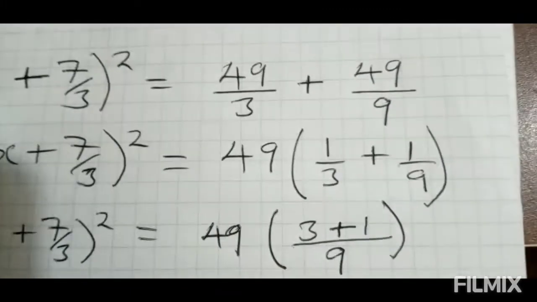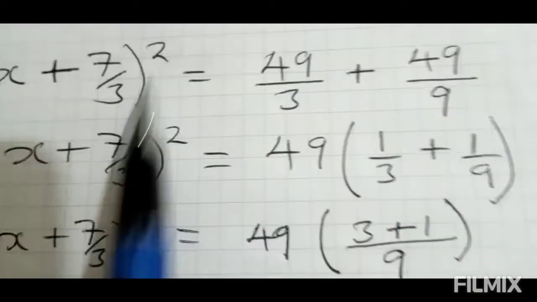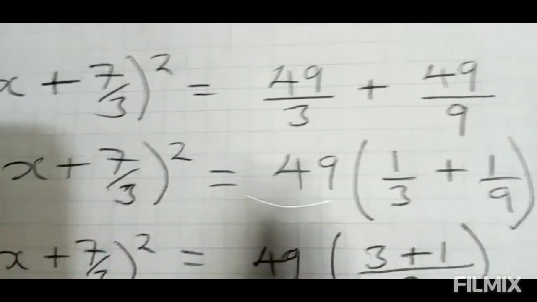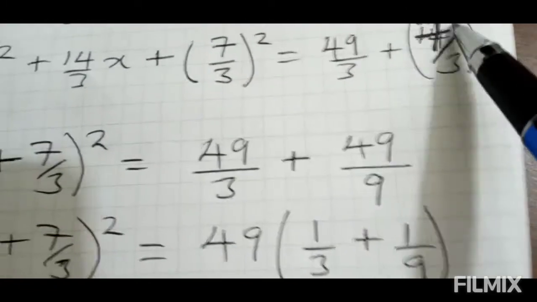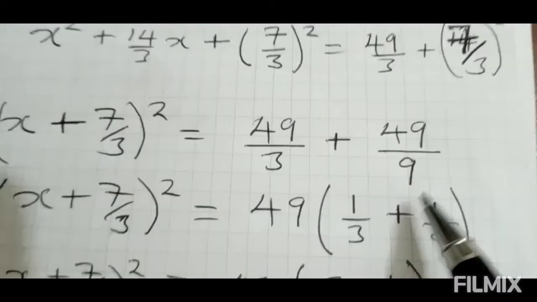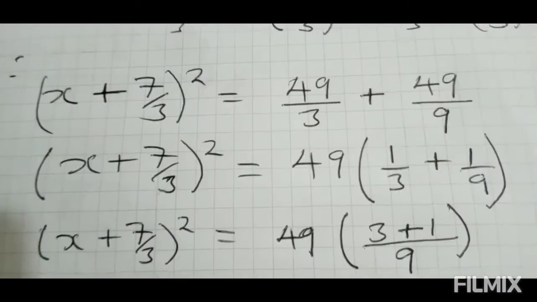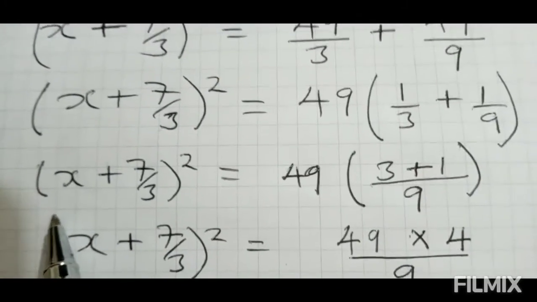So here now what we have, x plus 7 over 3, in brackets squared, is equal to 49 over 3 plus 49 over 9. When we square 7 and 3, we get 49 and 9. Then we go on with the simplification.